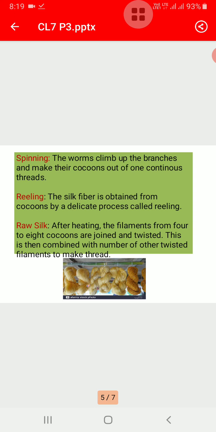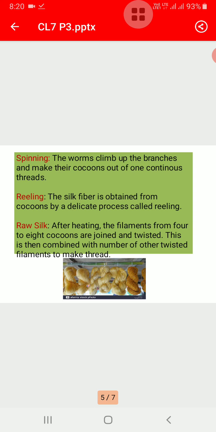The cocoons are first heated in boiling water to dissolve the gum that holds the cocoon's filament in place. After this heating, the filaments from 4 to 8 cocoons are joined and twisted.